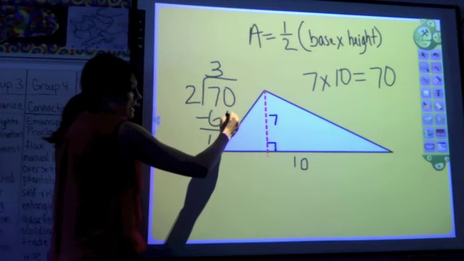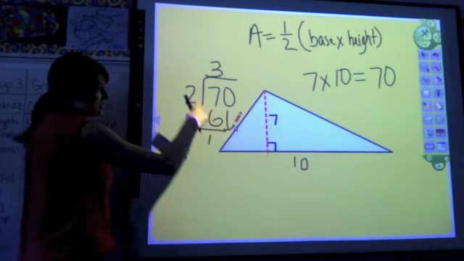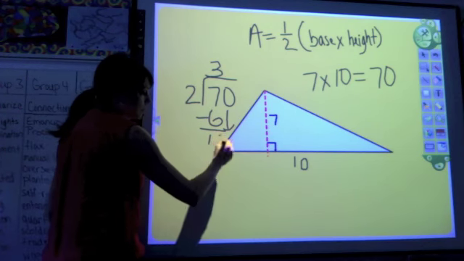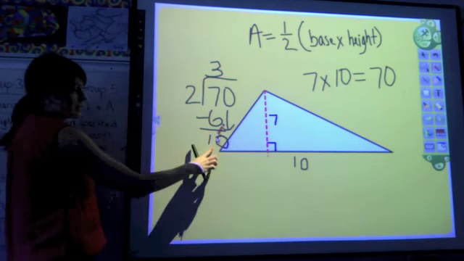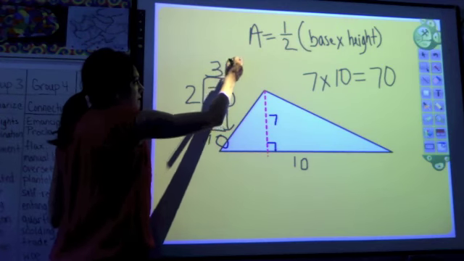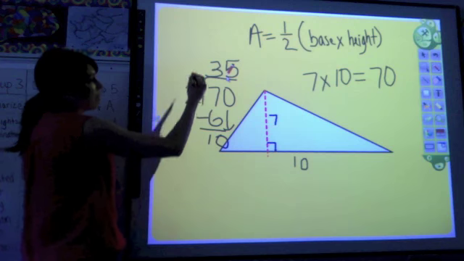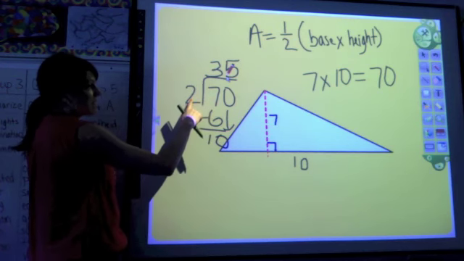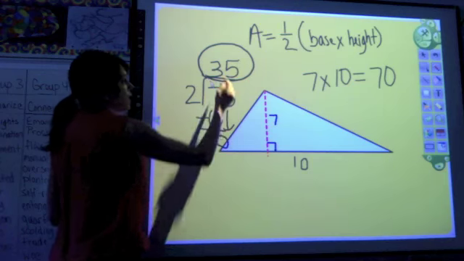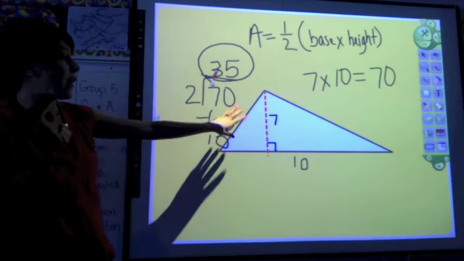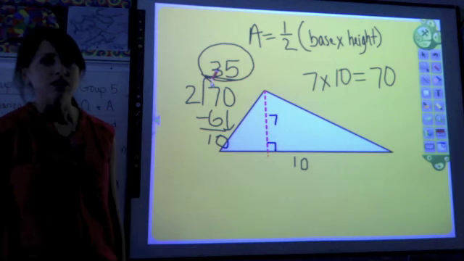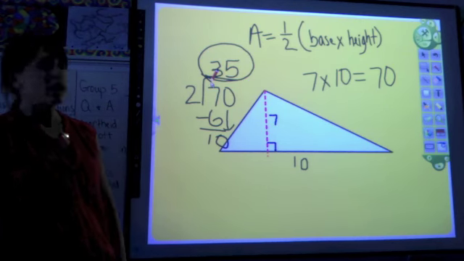I'm not finished, so I bring down my next digit since 2 won't go into 1. 2 will go into 10 5 times. So I know that half of 70, or 70 divided by 2, equals 35. So the area of my triangle is 35.